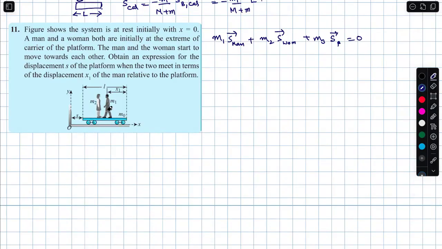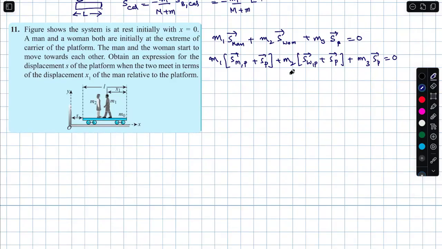Correct? Since there is no external force. But we can't write it like this; what do we need? Displacement of the man with respect to platform plus displacement of the platform, M2 times displacement of the woman with respect to platform plus displacement of the platform, plus M3 times displacement of the platform is 0.